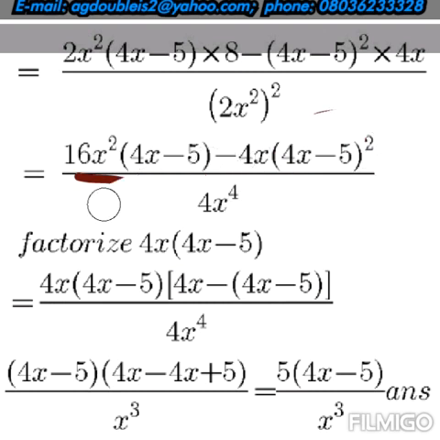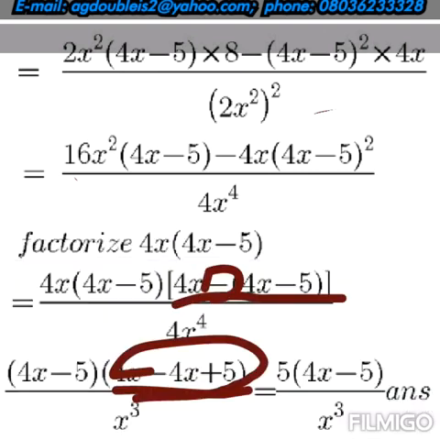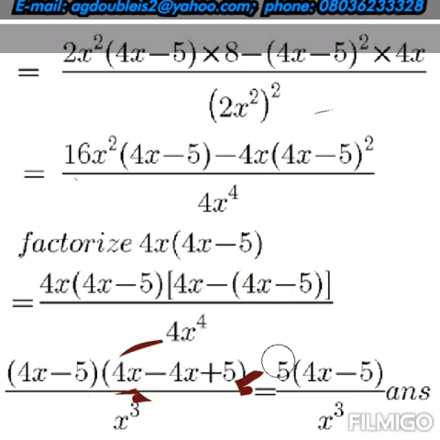The next step is to simplify this further. The minus will open this bracket and you have this. So this is how we got this expression here. If you simplify this further, 4x minus 4x plus 5 will give you 5.